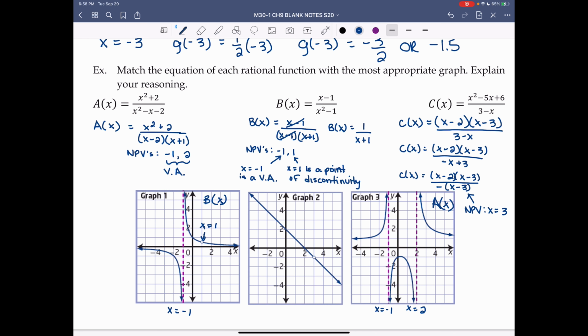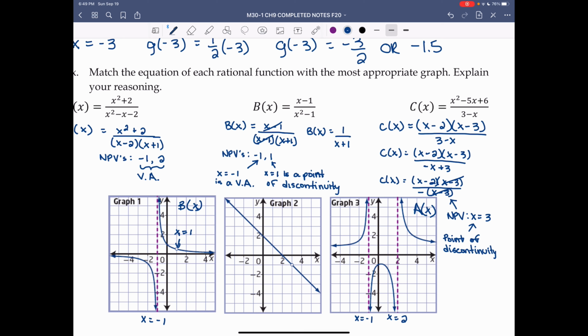And I also see that I can divide out x minus 3. So if you can divide out that factor, then the NPV for that factor becomes a hole. So x equals 3 is a point of discontinuity.